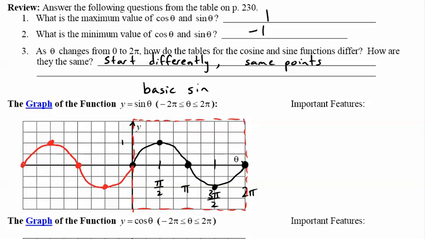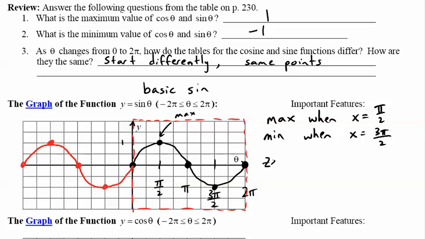So some of the important features are the maximum. The maximum happens when x is equal to pi over 2. The minimum happens when x is 3 pi over 2.